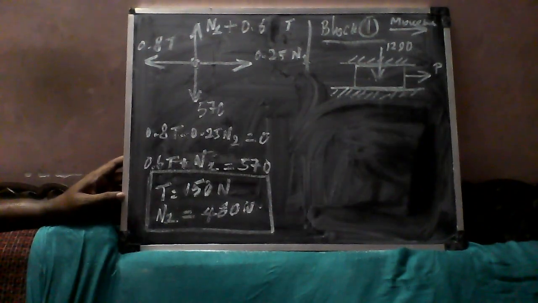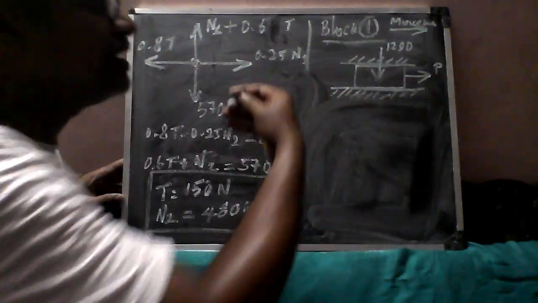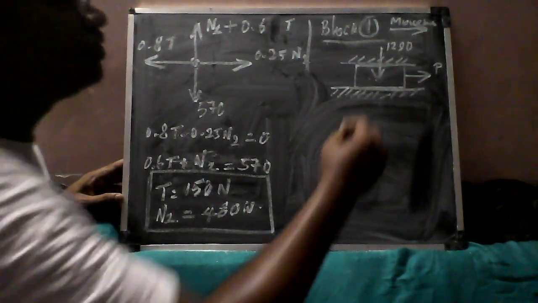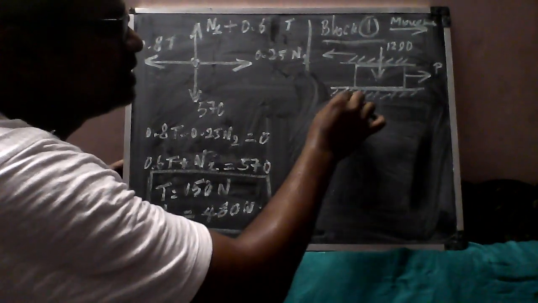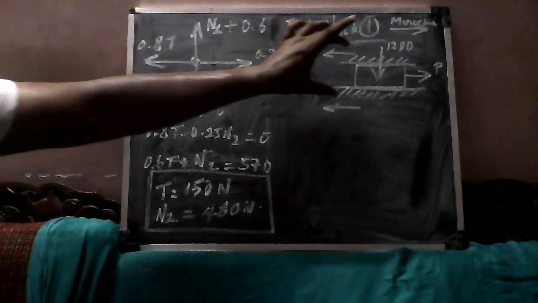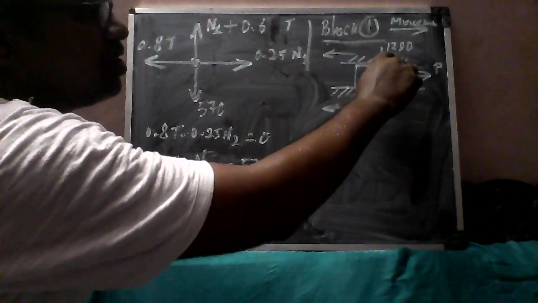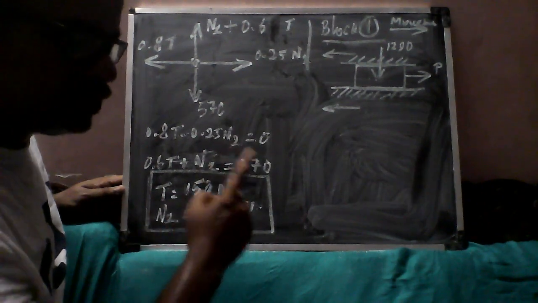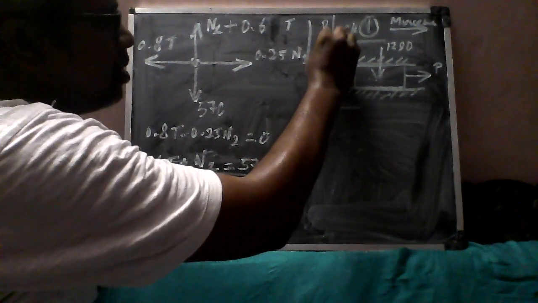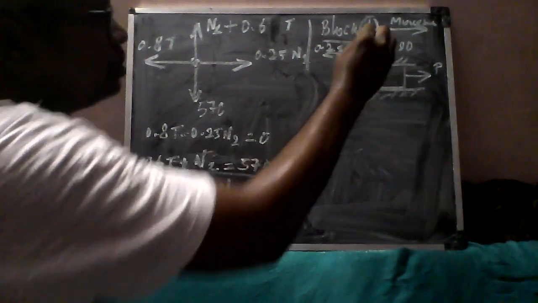So what I have to find out here is, while the block is moving right side, there will be two left side frictional forces acting. One is this and another one is here, because I have two contact surfaces. This frictional surface is having a contact with the blocks, that is 0.25 N2.